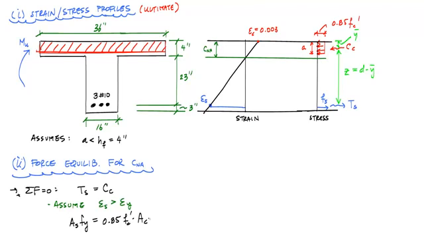And so here I can solve for the area in compression, which is equal to As fy over 0.85 fc prime.